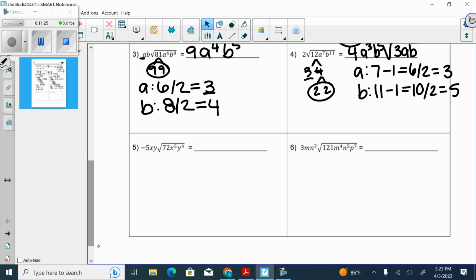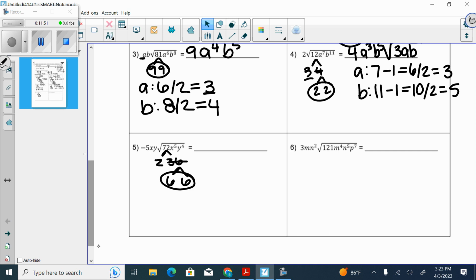All right, on number 5, I'm going to take care of this 72 in here. Is there a perfect square root of 72? No? Okay, so what multiplies to give me 72? Okay. And what multiplies to give me 36? 6 and 6. Alright, so we found a pair.